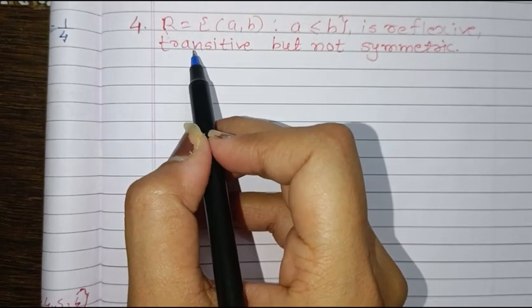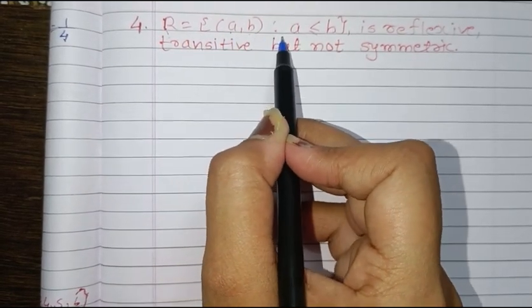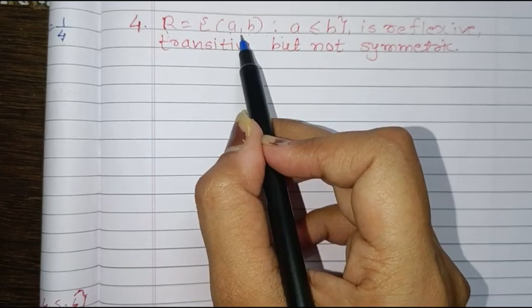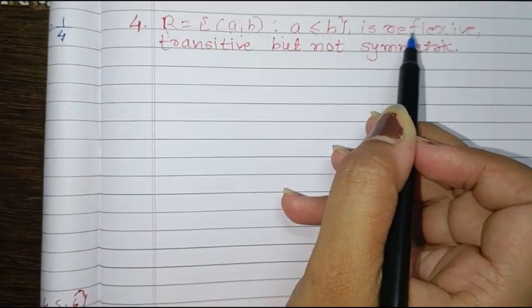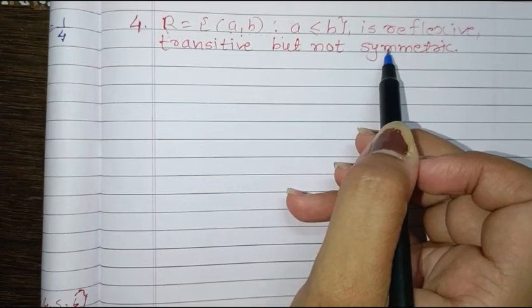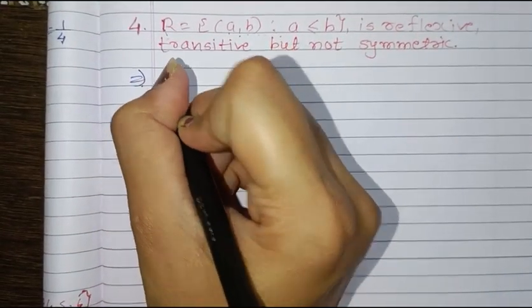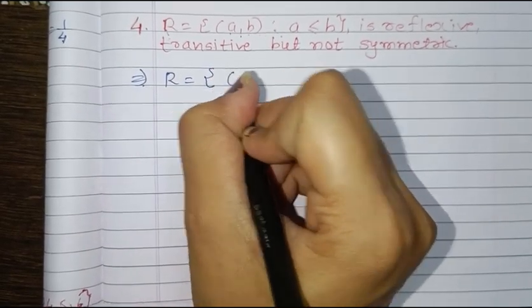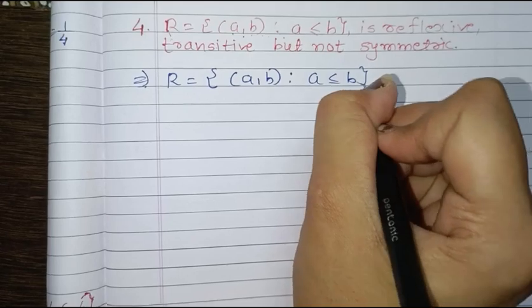Next, question number 4. Show that the relation R defined as R equals {(a, b): a less than or equal to b} is reflexive, transitive but not symmetric. First of all, we are checking for reflexiveness.